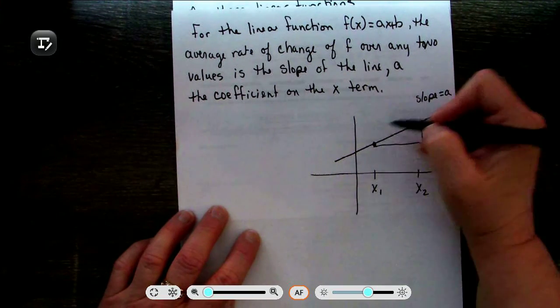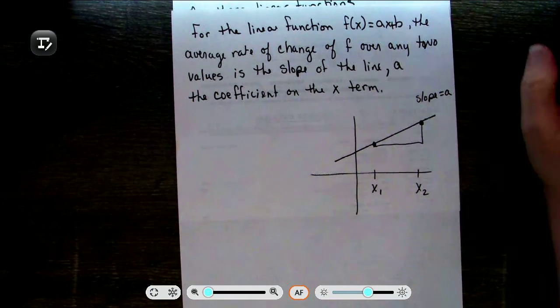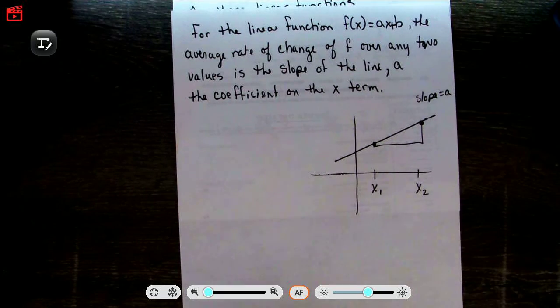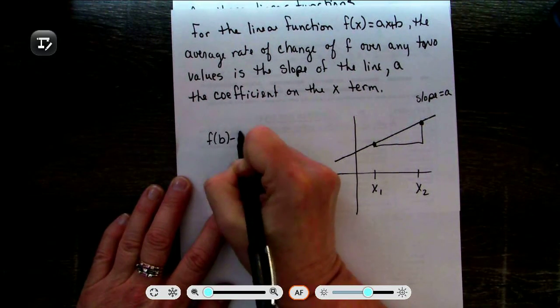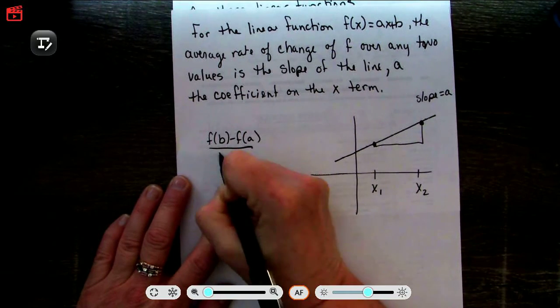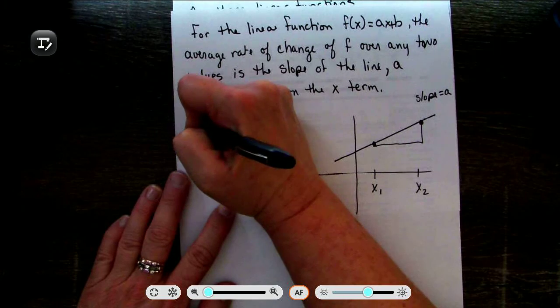If we have a curve, it's going to be different than if it is a straight line. So just kind of keep that in mind. So you don't have to go through all the work. You don't have to go through that f of b minus f of a over b minus a formula for that average rate of change.